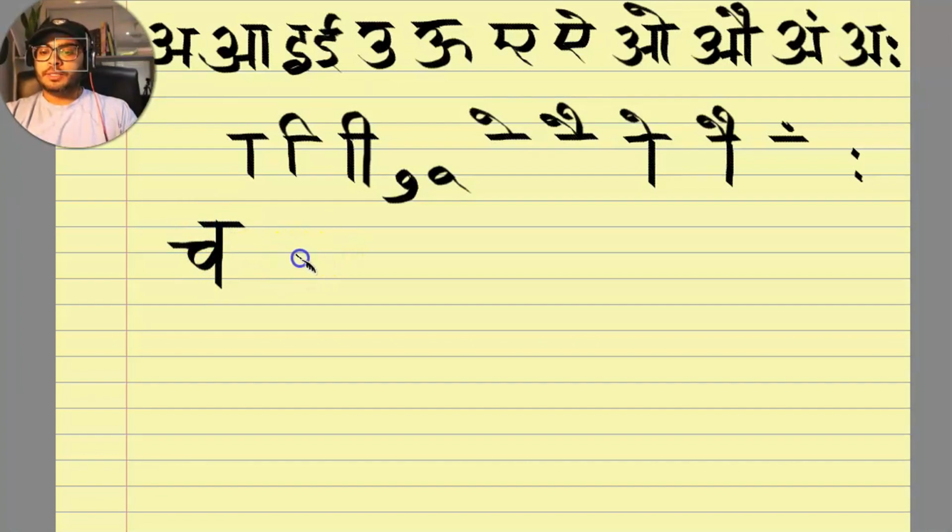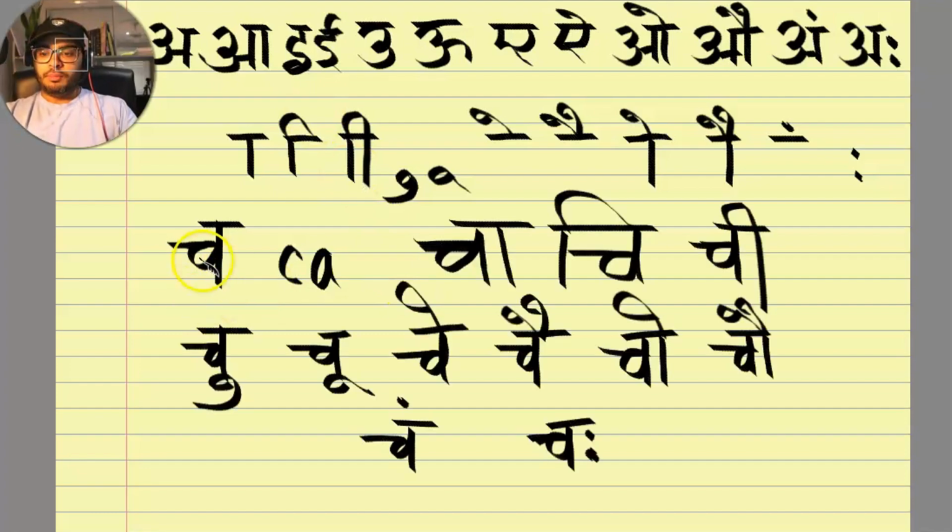Now the IAST for this would be C and A. A sound in English that resembles this would be something like chair, and a Nepali word that uses this sound would be chora, that means bird. Barakhari for this sound would be cho, cha, chi, chi, chu, chu, che, chai, cho, chau, chum, chaha.